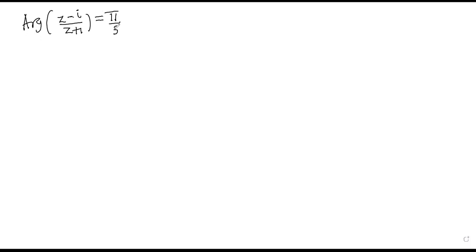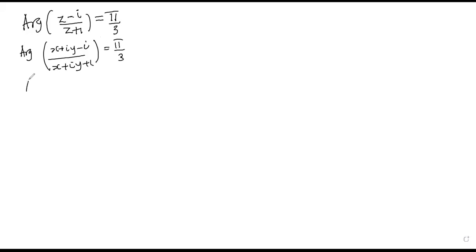So it means that here we shall have that argument of (x plus iy minus i) over (x plus iy plus 1) is equal to pi/3.